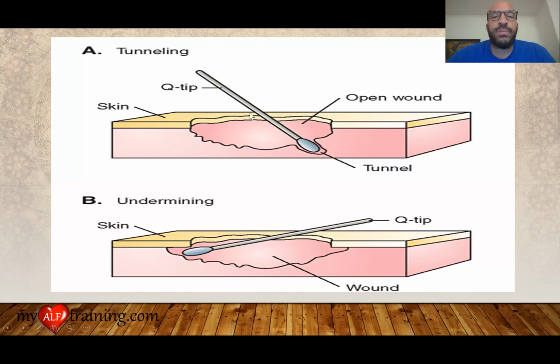And I said I usually put a piece of tape here, or you can just grab it with your finger and then measure to get an accurate depth of the wound. And then also you want to measure the width, but of course you don't need your Q-tip for that. You can just put the measuring tape from here to here and measure.